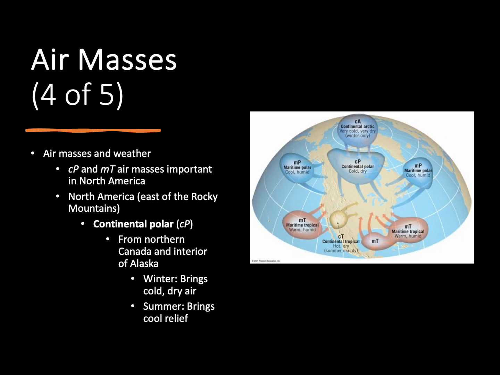Even though there are 5 basic types of air masses, we're going to see that 2 air masses affect North America the most. And these are going to be the continental polar and the maritime tropical air masses. So if we're looking at North America, at least east of the Rocky Mountains where we live, we're going to see that the continental polar is going to be one of the most important ones. This one forms in northern Canada.